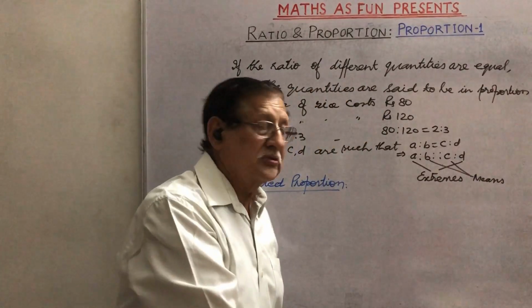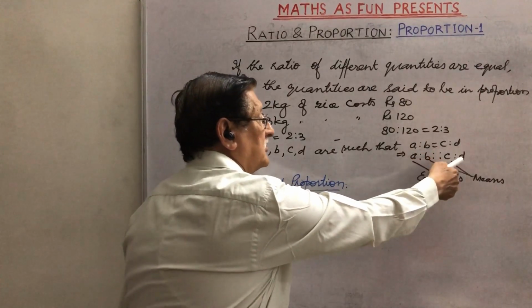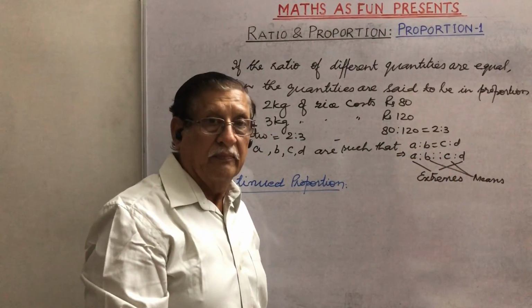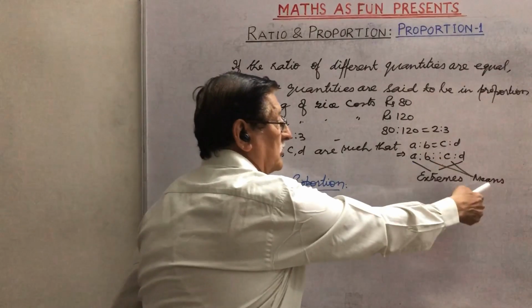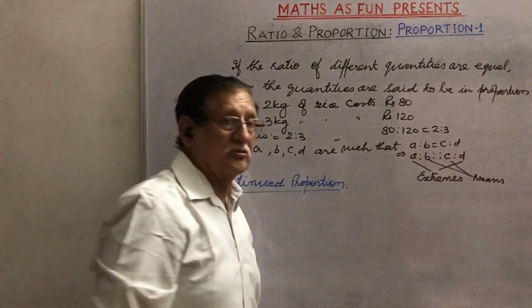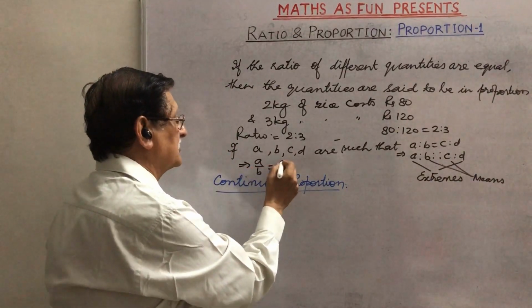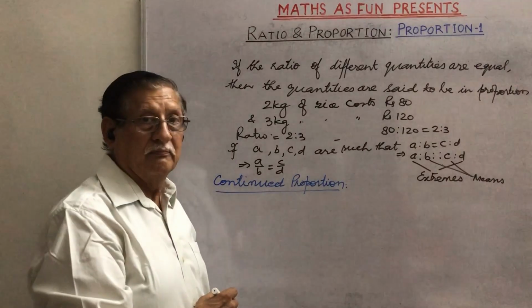According to terms, this is the first term of the proportion, this is the second term, this is the third term, and this is the fourth term. The first and fourth terms are the extremes, and the second and third terms are the means. Can we write it as A upon B is equal to C upon D?